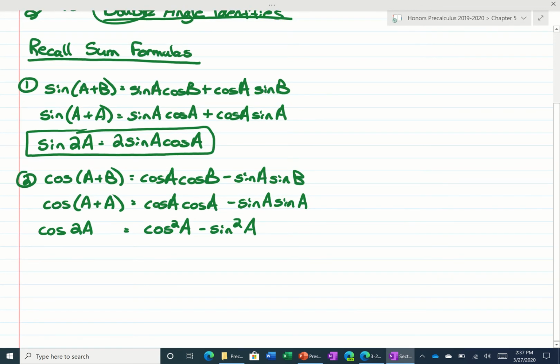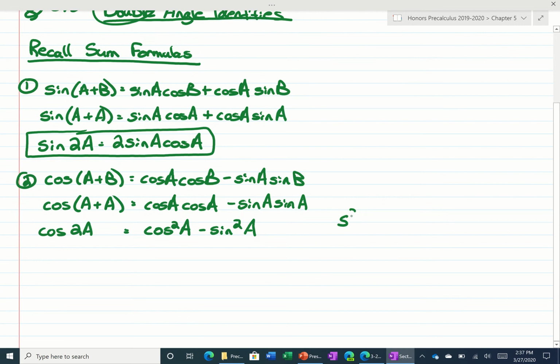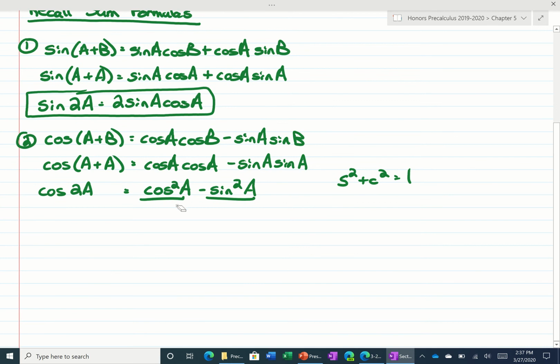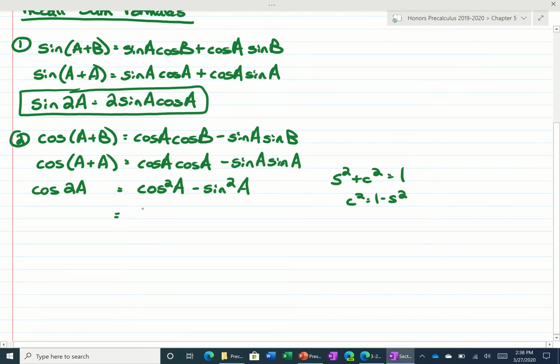But you could see that we could use the Pythagorean identity, sine squared plus cosine squared equals 1, and substitute in for cosine squared or sine squared. So actually there's two other formulas that sometimes it's beneficial to use. We could always use that formula, but for the other two, if you use the Pythagorean identity for cosine squared, which would be 1 minus sine squared, we would get 1 minus 2 sine squared of a.